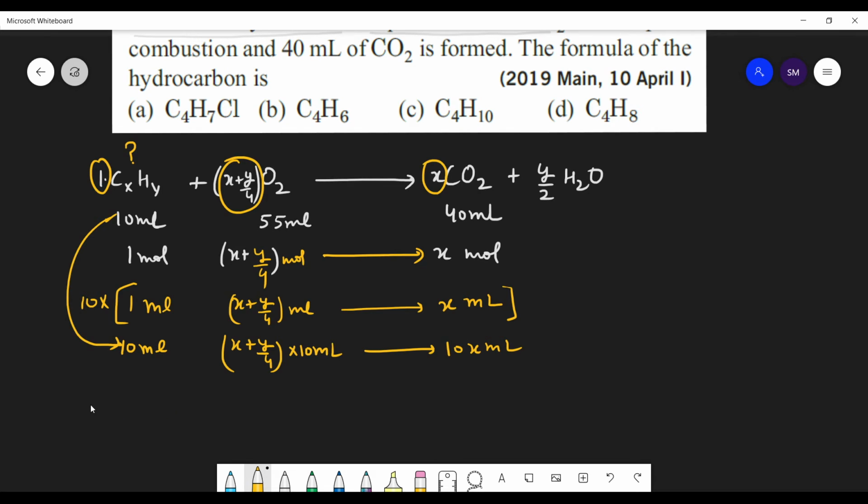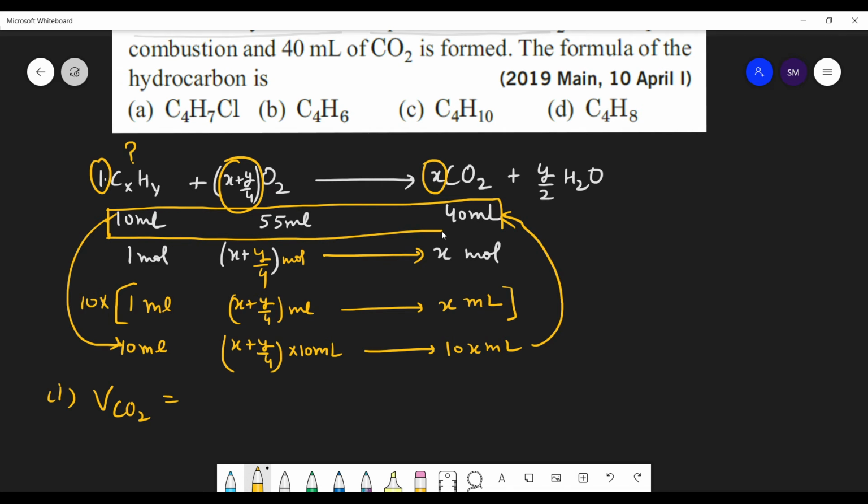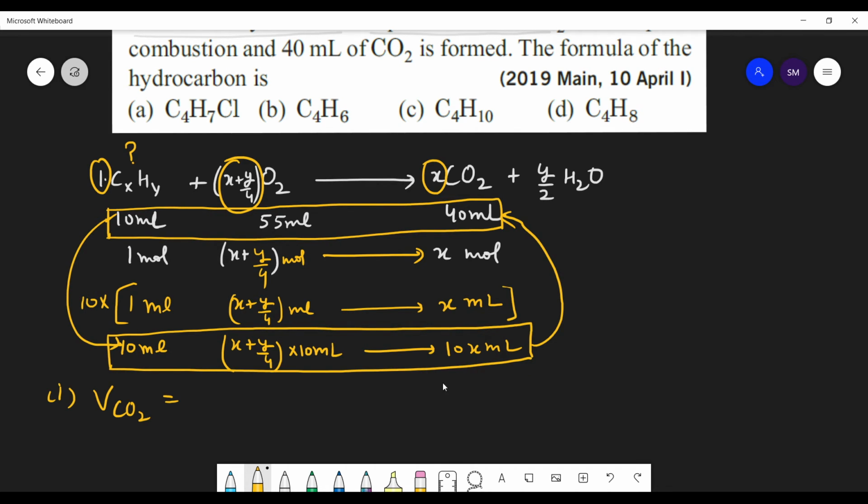Now what is given to us? The volume of carbon dioxide, 40 ml. So it means 10x equals 40 ml. Now I have written this similar equation. See, you have simple two equations, two variables.